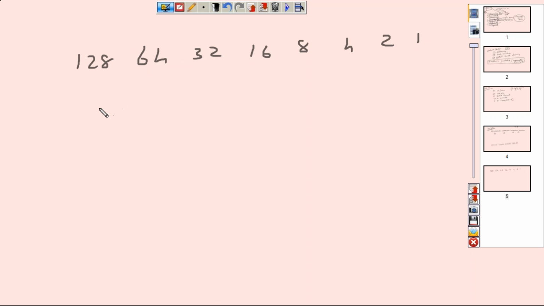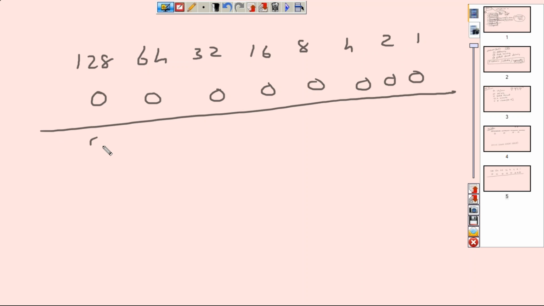So if I basically have all zeros, then all the positions would be 0. Anything that is 0 plus 0 plus 0 plus 0 is finally 0.